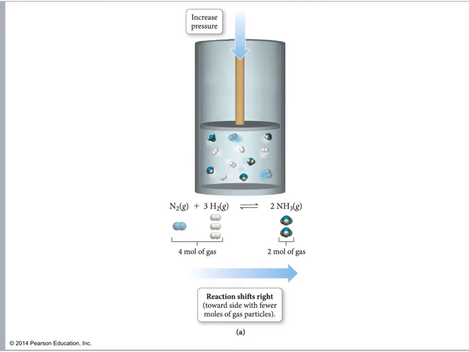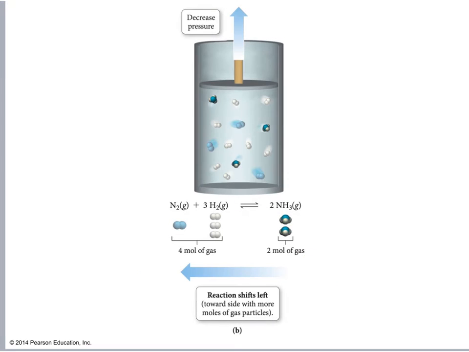So increasing pressure would push this system towards the products, which are the ammonia gas, because there's only 2 moles of ammonia gas, and there are 4 moles of the reactant gases. So increasing pressure shifts this to the right.